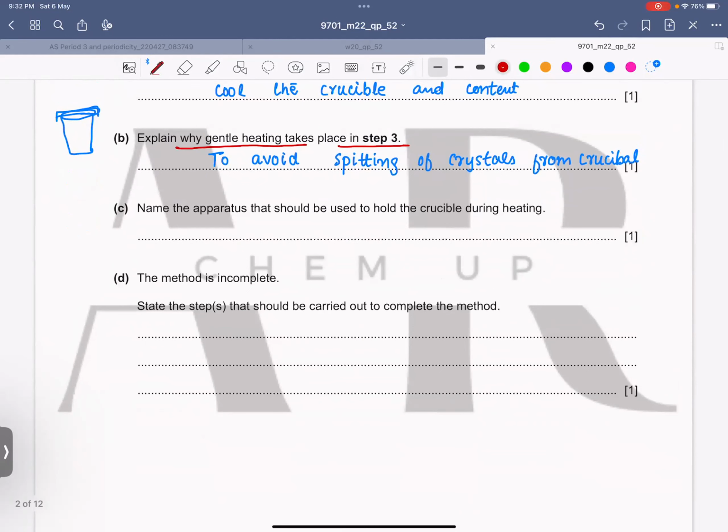Now, name the apparatus that should be used to hold the crucible during the heating. Tripod stand. No. Tripod.